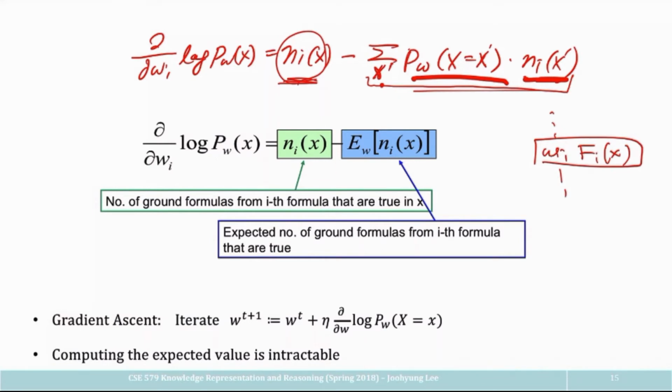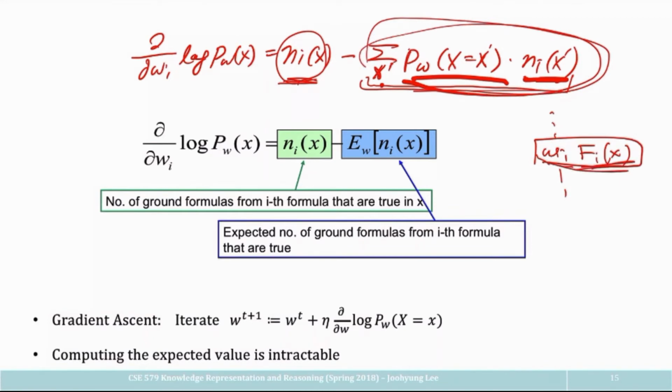And this value is not just for this particular interpretation, but for all interpretations. What is the expected value of the number of true ground formulas coming from this formula? Try the first interpretation. That gives me how many ground formulas are true under that first interpretation, right?